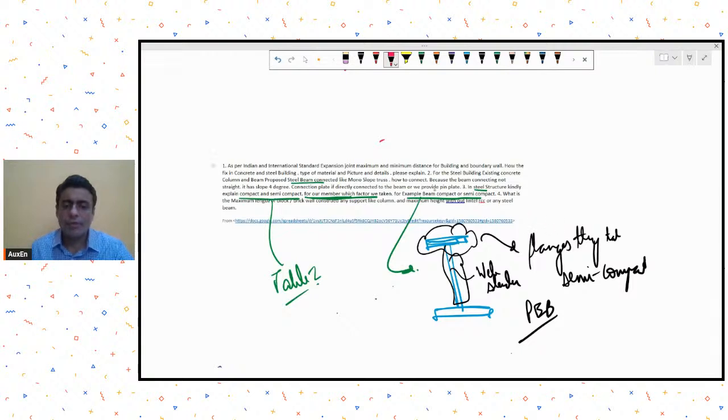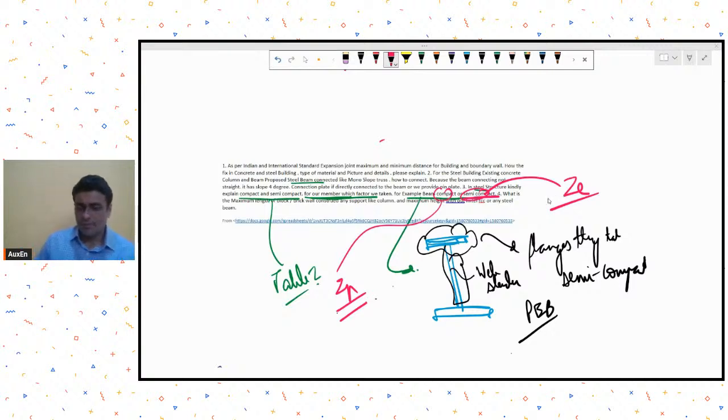If you have a compact section, you are allowed to take ZP for your bending moment capacity calculation. If you have a semi-compact section, you have to take ZE. So this ZP to ZE in I sections, there is a magnitude difference of around 10-11%. Okay. So if you are using a semi-compact section, you are reducing the capacity of your section by around 10-12%.